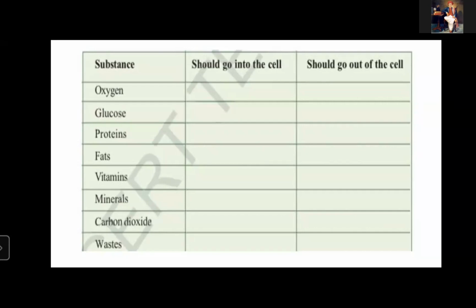Oxygen is combined with hemoglobin, which carries oxygen and transports it to all cells of our body. So oxygen should go into the cell. Next one is glucose.